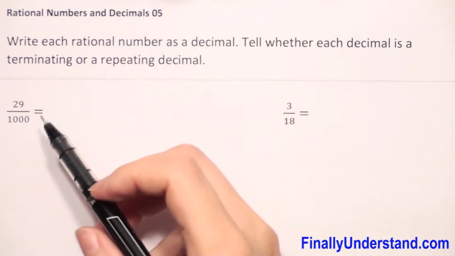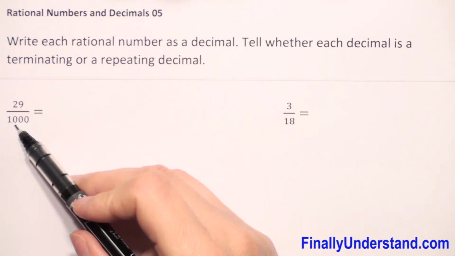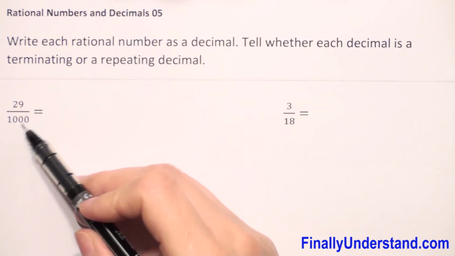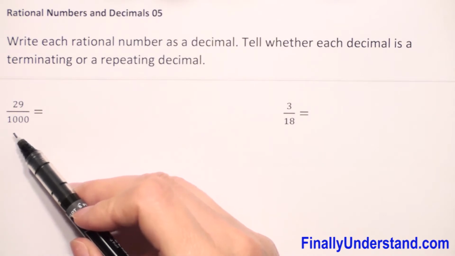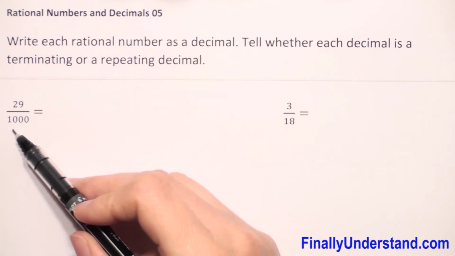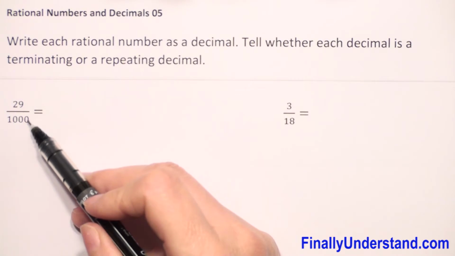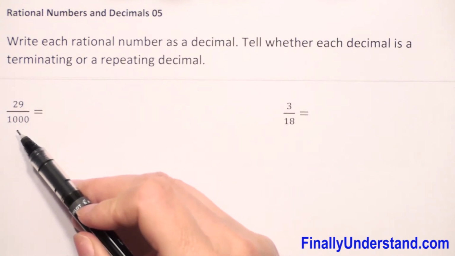In the first example, in the denominator we have 1000. When we have 1000 or 10 or 100 or a million, it's very easy to change this fraction to a decimal number.